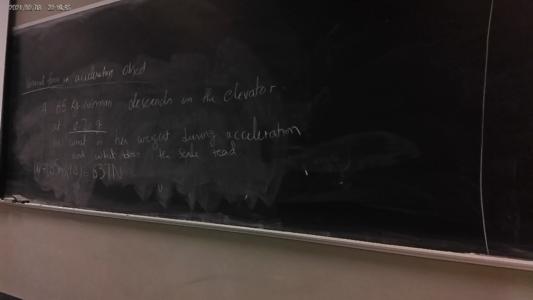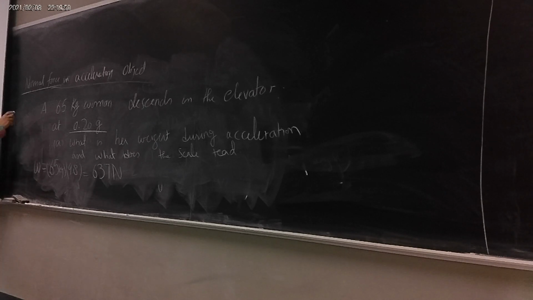Correct, that's the actual weight. When the elevator is not going anywhere, the scale would read this number. Now during the acceleration, we already said that the weight does not change. It's the normal force which changes. So we have to figure out what the normal force is going to be.